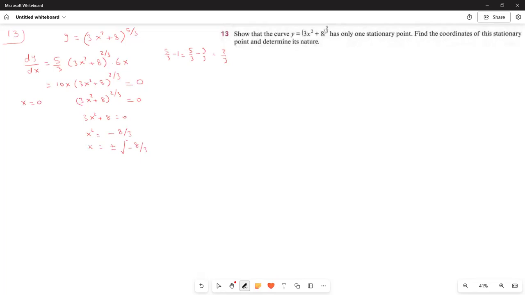Now you can see that this has no real solution. So it is not giving you any stationary point. So the only stationary point is at x equal to 0. So that's why we show that this curve has only one stationary point.